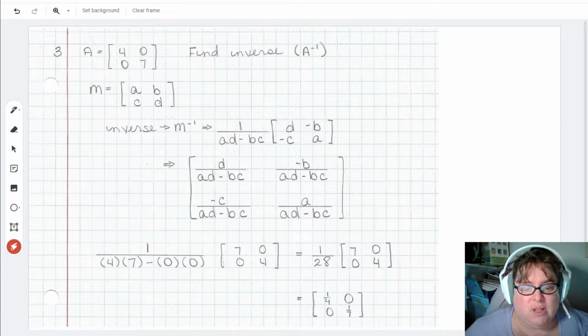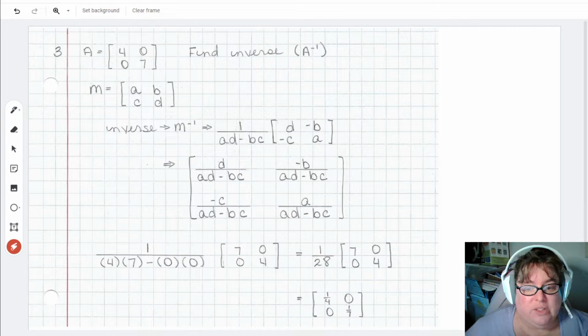So to show you what that looks like in the problem, we took our 4, which is in our a position, and multiplied that by our 7, which is in our d position. And then we multiply it by our b position number and our c position number, which are both zeros, so they just cancel each other out. So 4 times 7 ends up being 28.